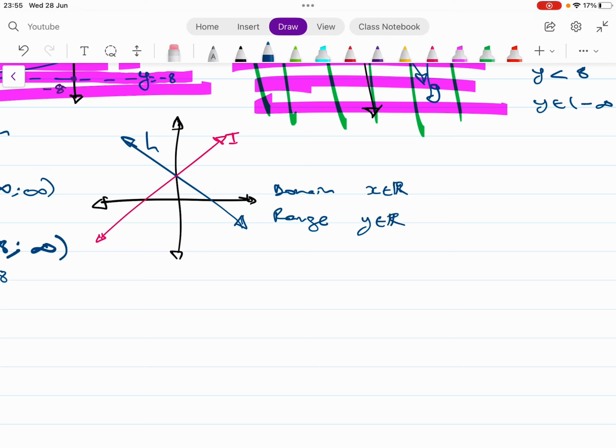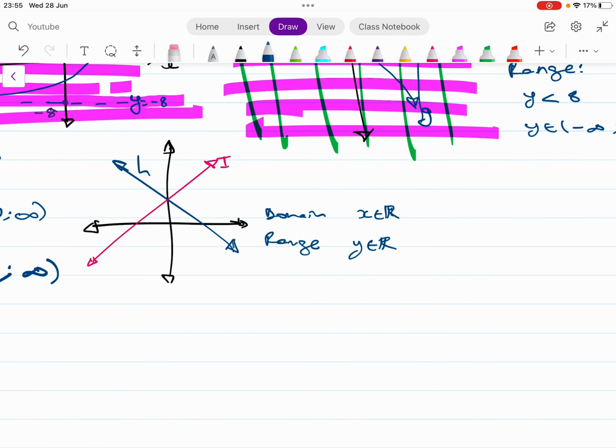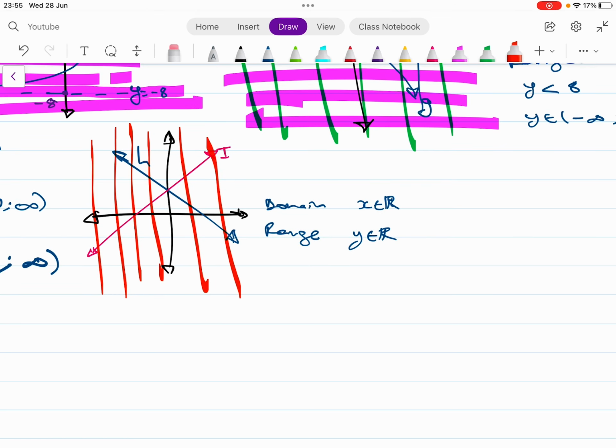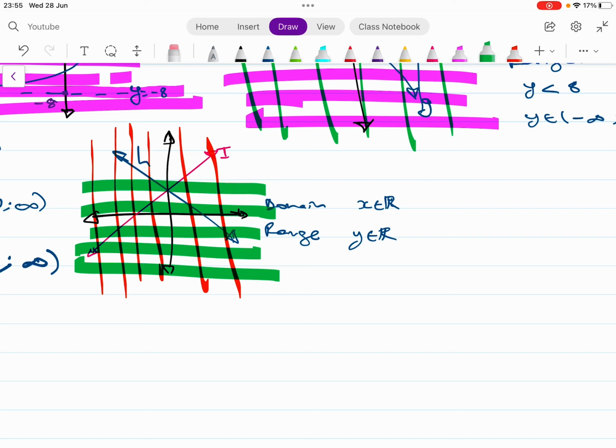For both H and I, they have the same domain and the same range, simply because if you were to draw arbitrary vertical lines when you are trying to find the domain, you will see that all the x values are going to touch the graphs somewhere, and with arbitrary horizontal lines when you're trying to find the range, you'll see that all the y values are definitely going to touch the graph somewhere. So from any y value that you can think about, just extend it horizontally and you'll see you're going to touch the graph somewhere.